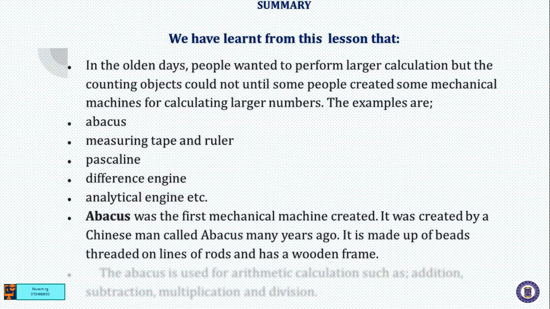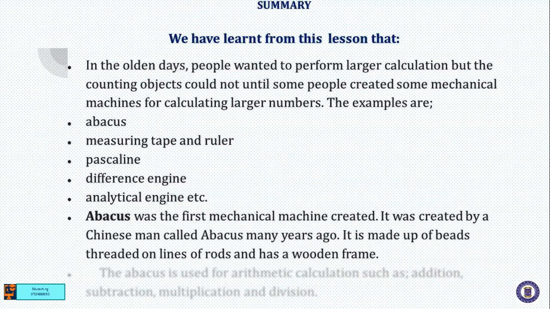It was created by a Chinese man called Abacus. When he brought out this machine, the people said we should name the machine after the person that produced it, who is Abacus, a mathematician from China.